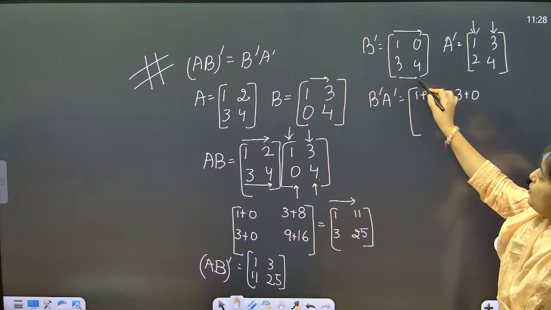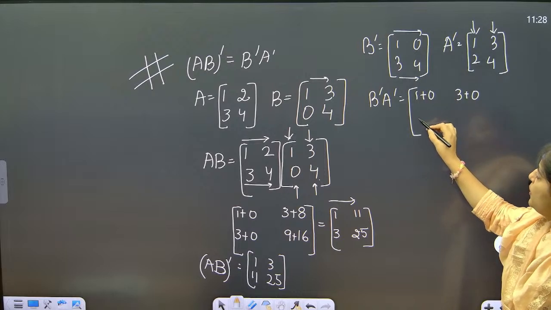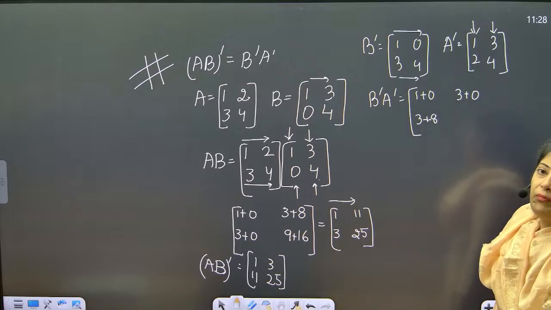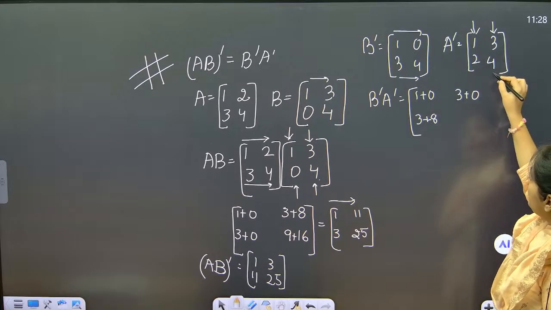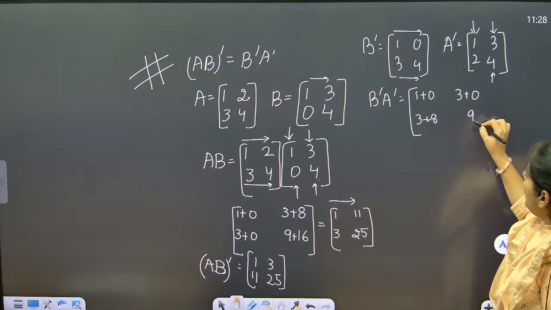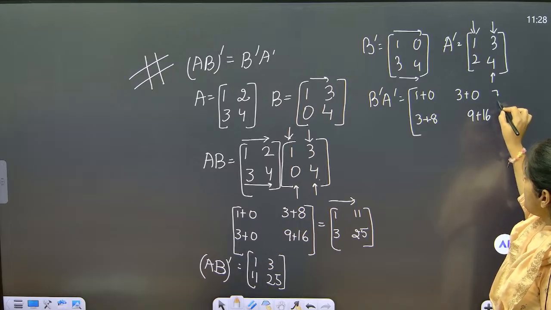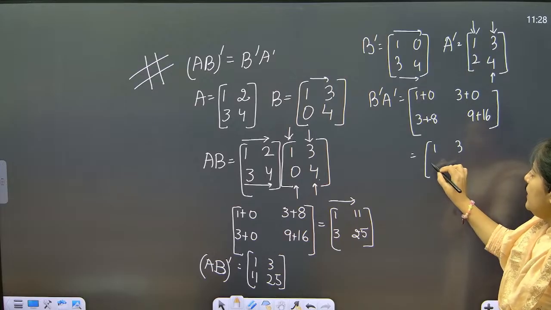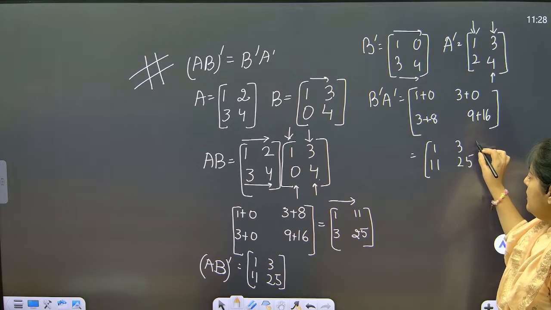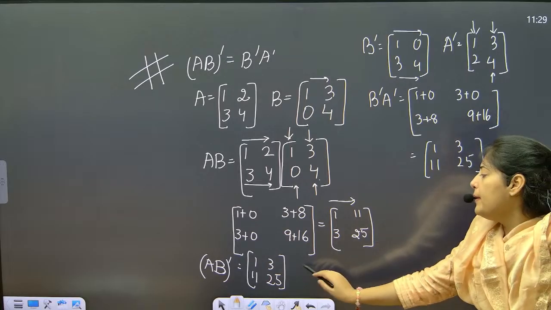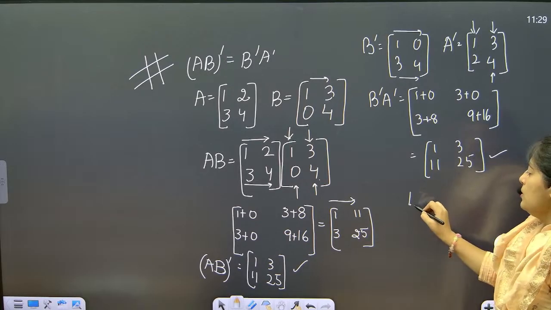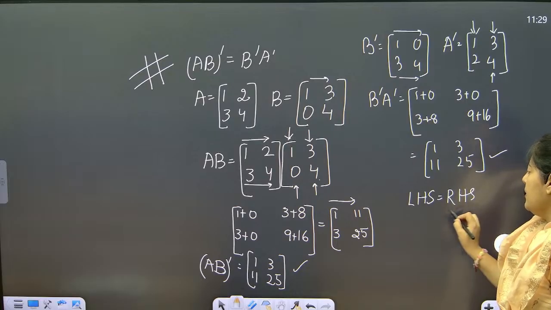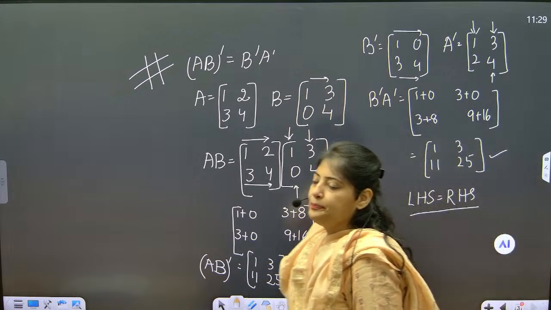Now second row, first column, 3 into 1, 3, 4 twos are 8. Second row, second column, 3 threes are 9, 4 fours are 16. So what is it? Add them. 1 plus 0, 1, 3, 11 and 25. LHS equals RHS. My result is true.